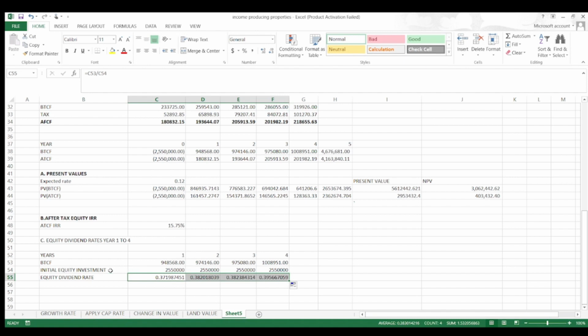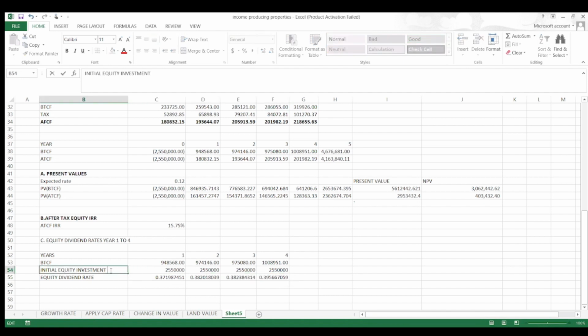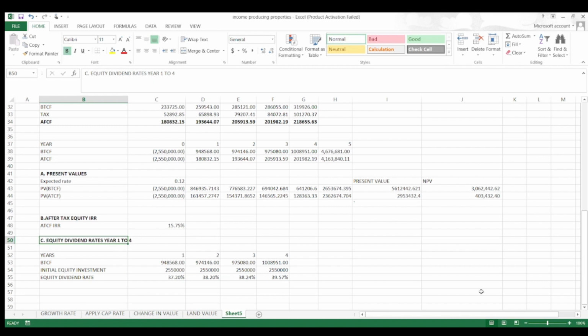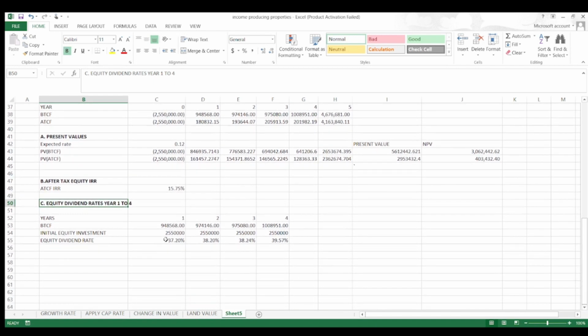So the equity investment is at time 0, or the initial. This does not mean that it's being invested each year. Just put it there for easier calculations, and then this is indicated as a percentage. Let's move to the final question.